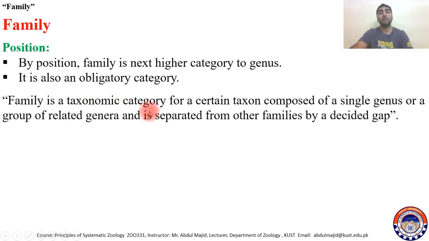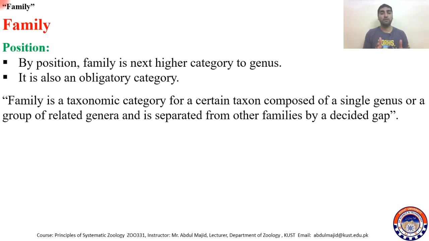Family is a taxonomic category for a certain taxon that is composed of a single genus or a group of related genera and is separated from other families by a decided gap. So family is a taxonomic category composed of taxa.